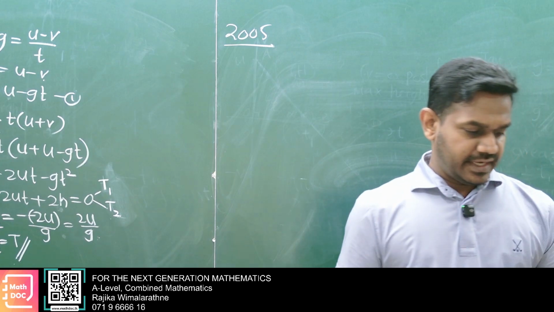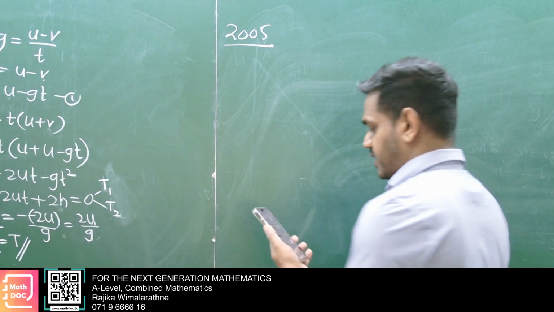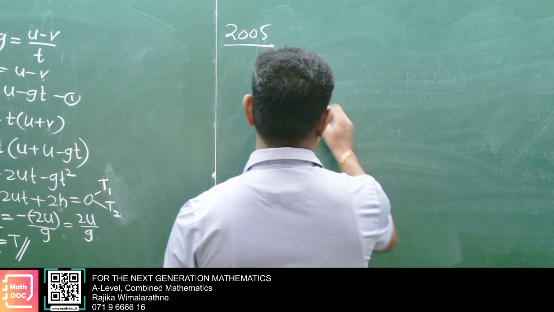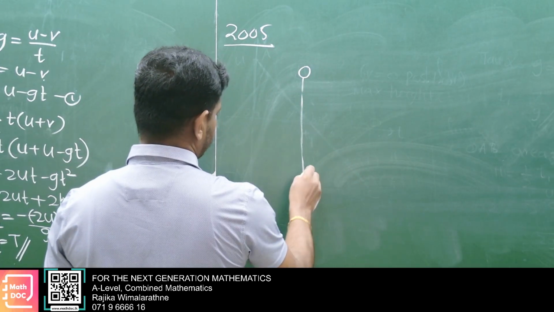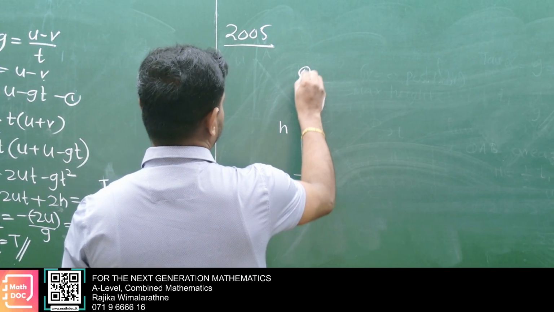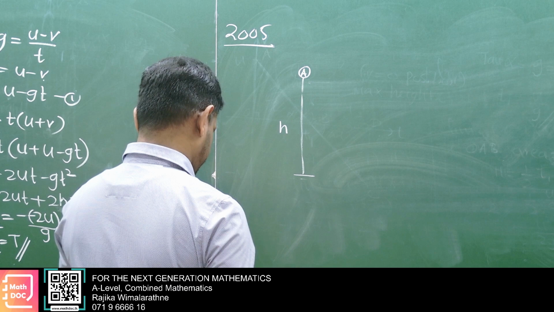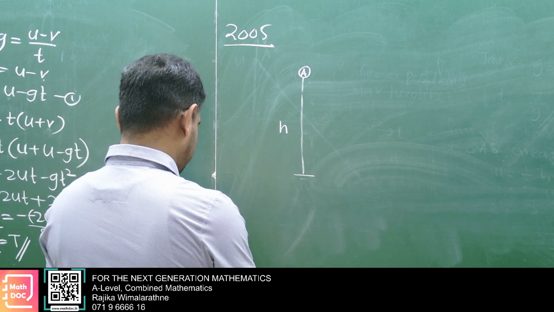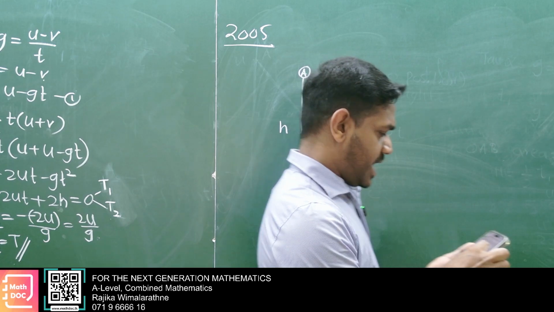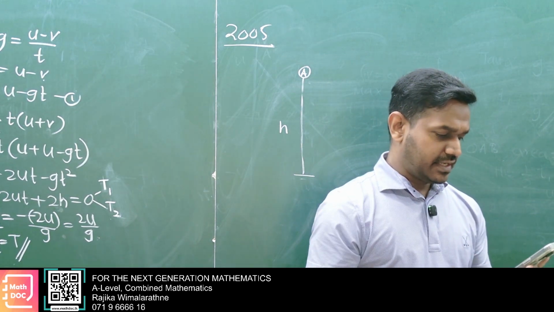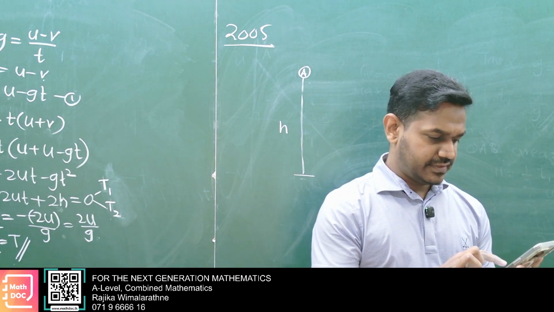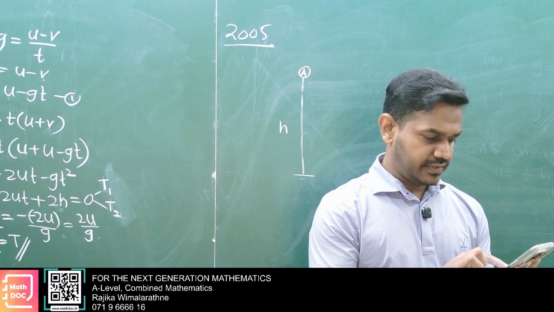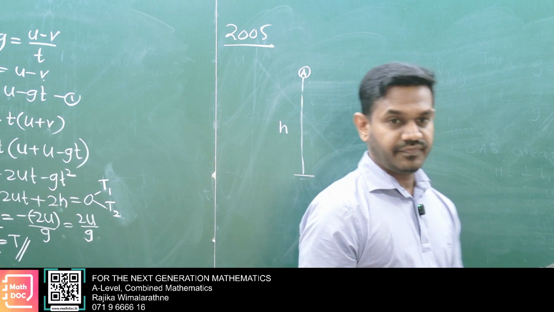A particle A is dropped from rest at height simple h above the ground at t equals 0, falling vertically under gravity. At the same instant, another particle B is projected vertically upward from a point on the ground with velocity u.